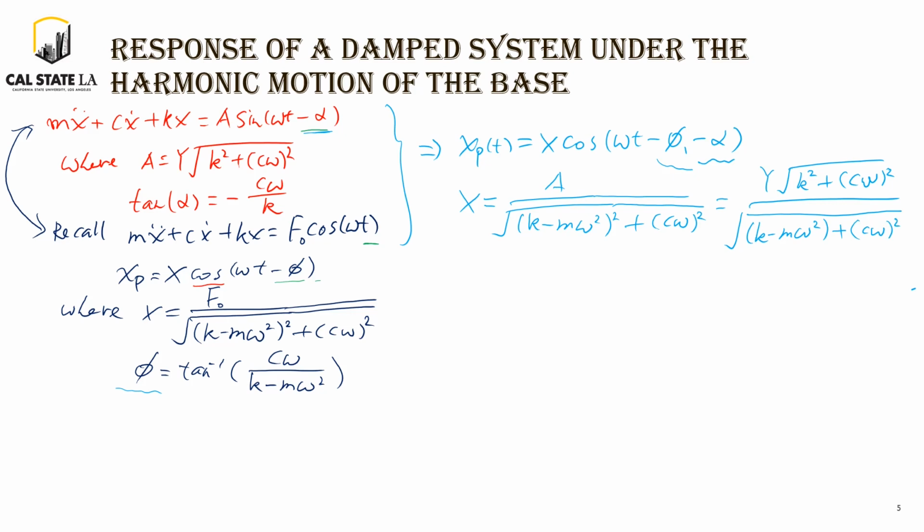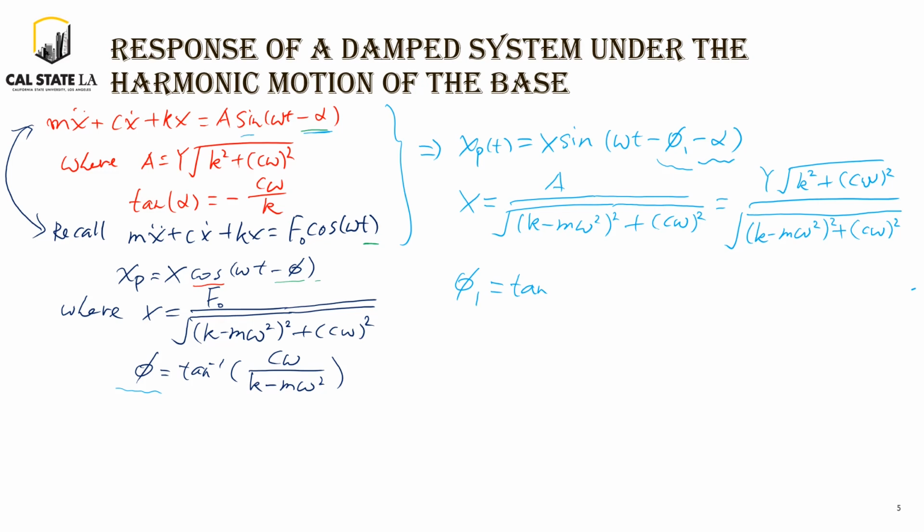And at the same time, the phase angle phi 1 should have the same form as what we had before, right? So that is the inverse tangent. That's right. I think you're missing a square on the m omega squared, k minus m omega squared. Yes, you're right. And also here we mentioned that it should be sine, because we have a sine function.